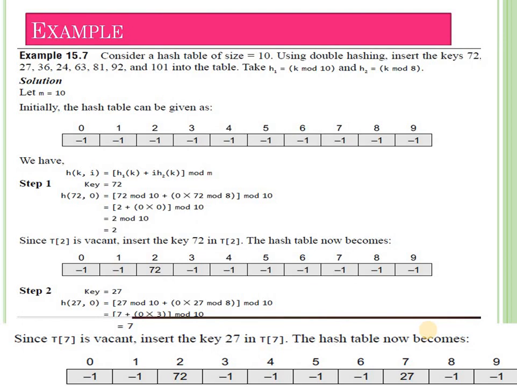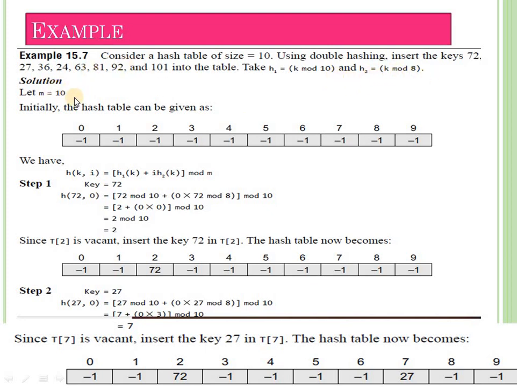Now consider an example of double hashing. Consider hash table size 10. Using double hashing, insert the keys 72, 27, 36, 24, 63, 81, 92 and 101 into the table. Take h1(k) = k mod 10 and h2(k) = k mod 8.